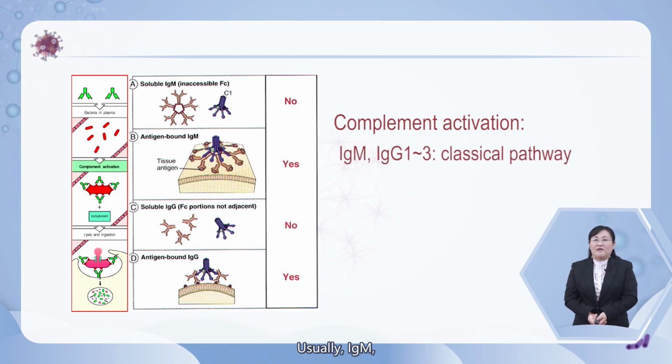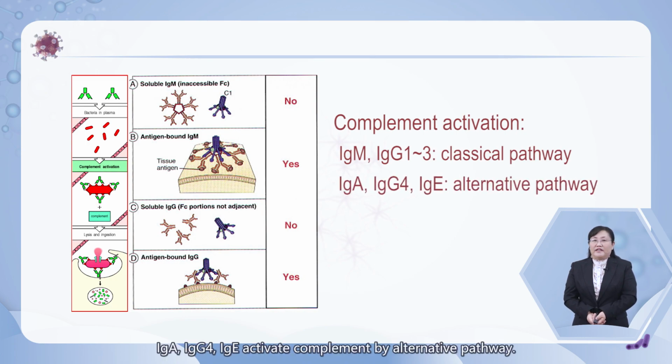Usually, IgM and IgG1, 2, 3 activate complement by the classical pathway. IgA, IgG4, and IgE activate complement by the alternative pathway. Finally, MAC is formed to lyse the target cells.